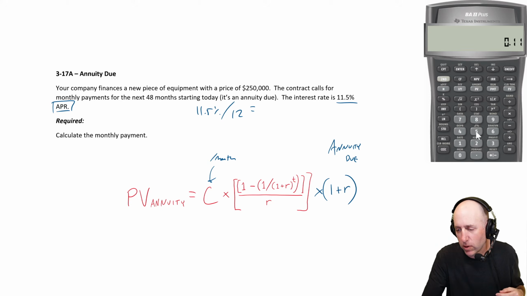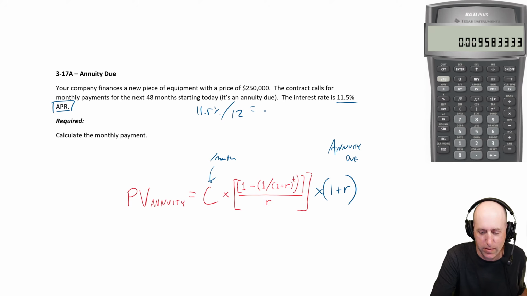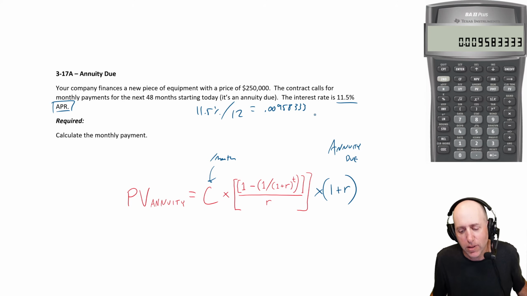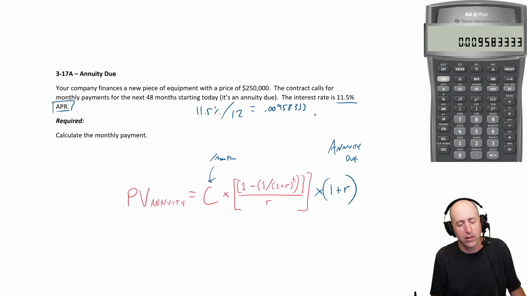So 0.115 divided by 12 equals 0.0095833, about 0.96%. We'll leave it as 0.0095833 because that's what's going to go into our calculator.